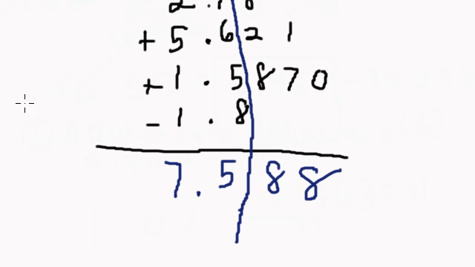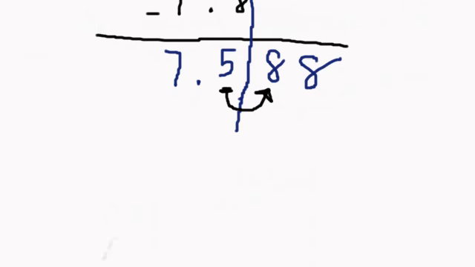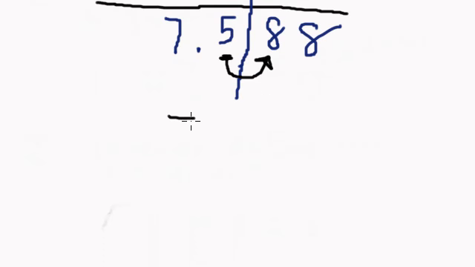But remember that you need to round. So this is the last number that we keep. We need to look at the number right next to it. It's an 8. So that 5 is actually going to round up, and your answer is going to be 7.6. That's going to be the answer to this problem.